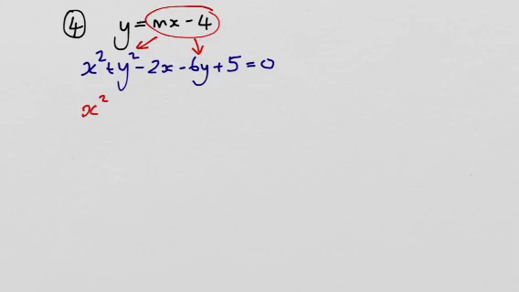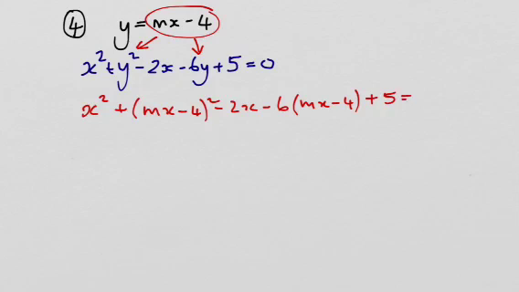So it's going to become x squared plus (mx minus 4) squared minus 2x minus 6 times (mx minus 4) plus 5 is equal to 0. Now you need to remove all of these brackets and then tidy it all up.